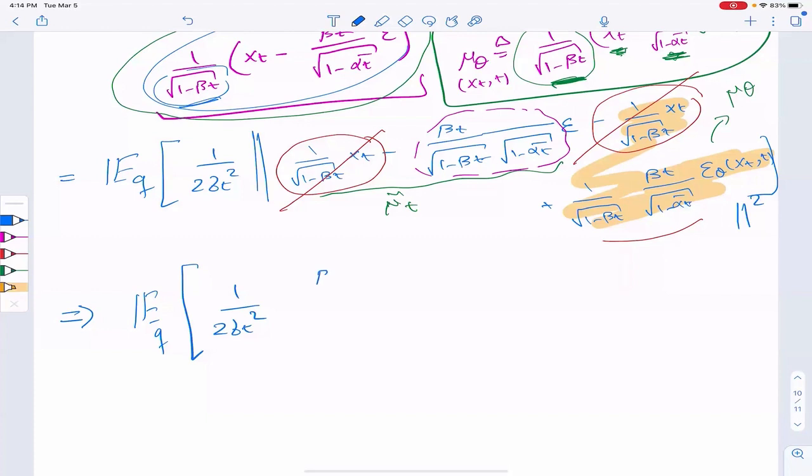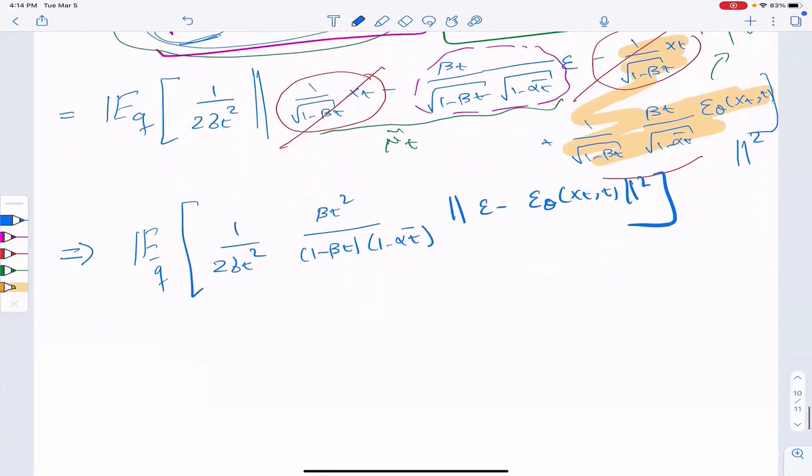I will get beta t squared over 1 minus beta t times 1 minus alpha t bar, the square root of this, times epsilon minus epsilon theta of xt and t, squared. Right? And everything here is a constant. I assume my betas are constant, therefore my alphas are constant, and I assume my sigma is constant. Let's give it a name. It's a constant. I can compute this. Let's call it lambda t. For every t, I have a value for lambda t.